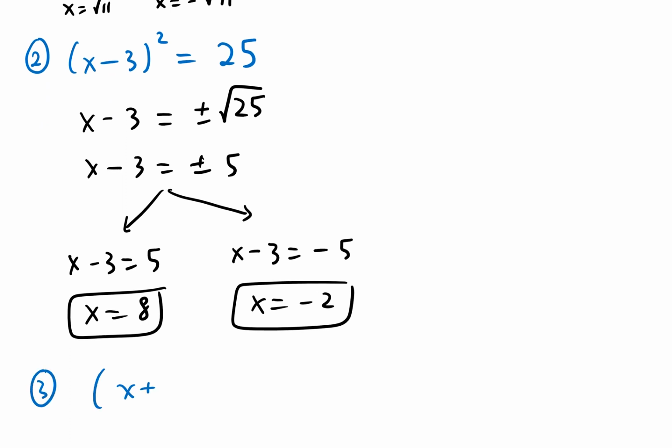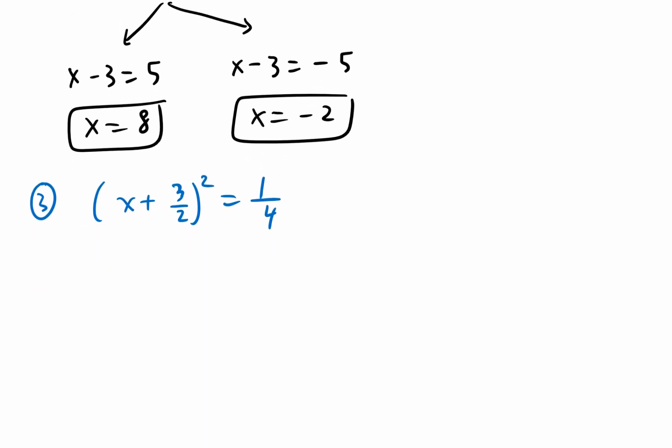Say x plus 3 halves squared is 1 over 4. Then, how do you solve this? Again, it's already something squared equals 1/4.